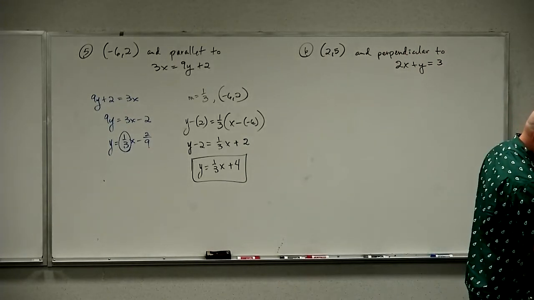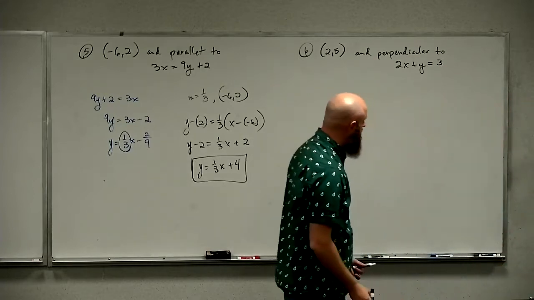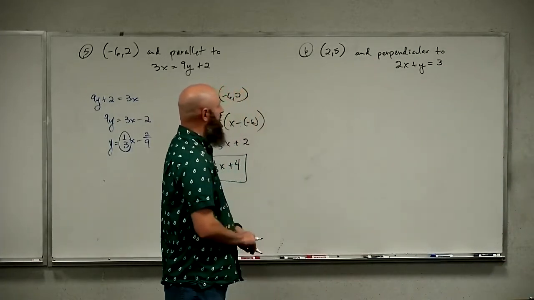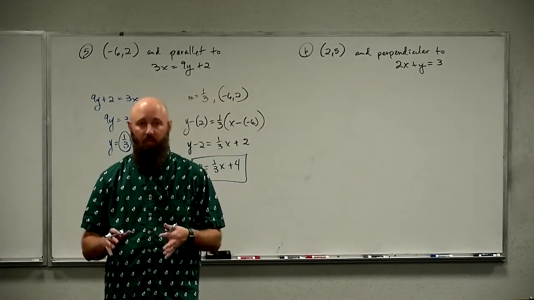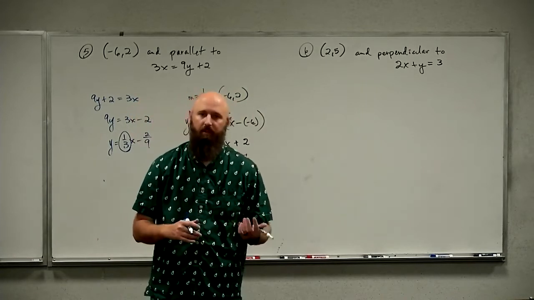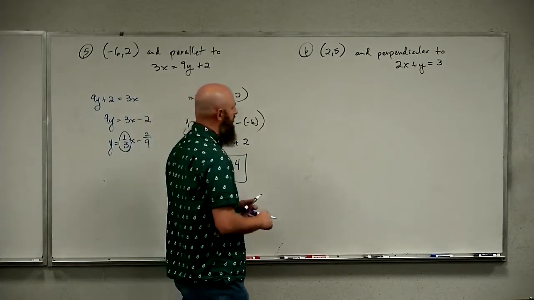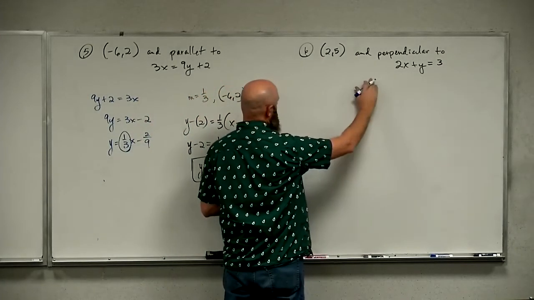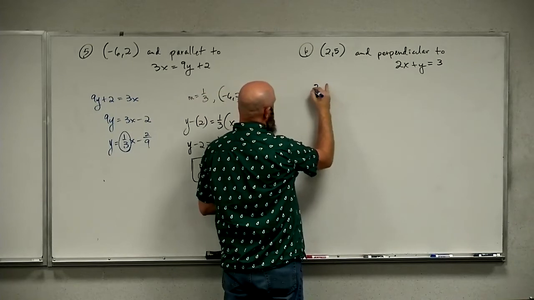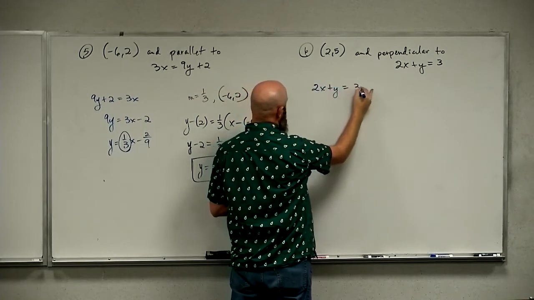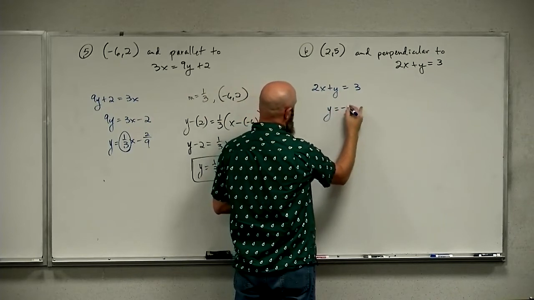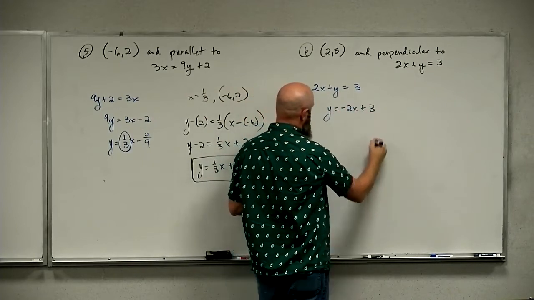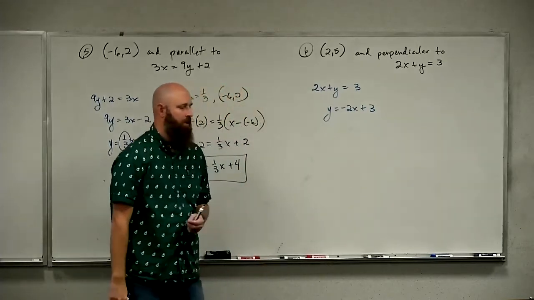So 2x plus y equals 3. All right, now, even though perpendicular slope is not the same, we still have to look at the slope and determine it from this slope over here, okay? We're going to talk about how to do that in just a second. So let's find that slope. So 2x plus y equals 3. I'm going to subtract this 2x over, so y equals -2x plus 3, okay?